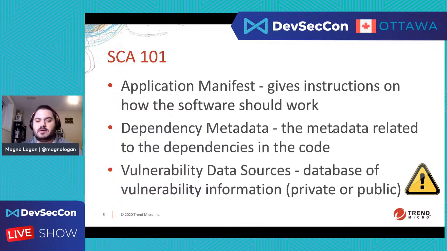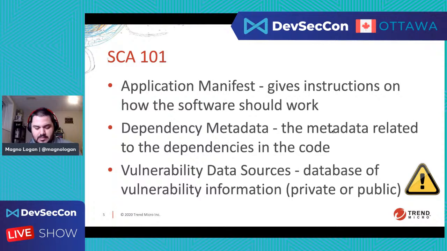The dependency metadata is basically a file which has a list of all dependencies in my code. For example, if you have a Java application and you're using Maven to build that application, it's probably going to be inside that pom.xml file. If you're using a Node.js application, it's going to be in the package.json, and different languages have different names or different files for hosting that dependency metadata.